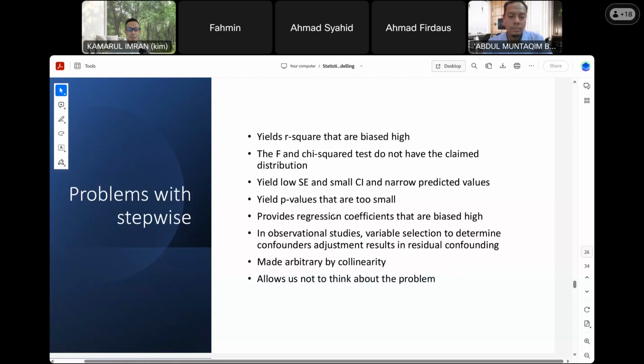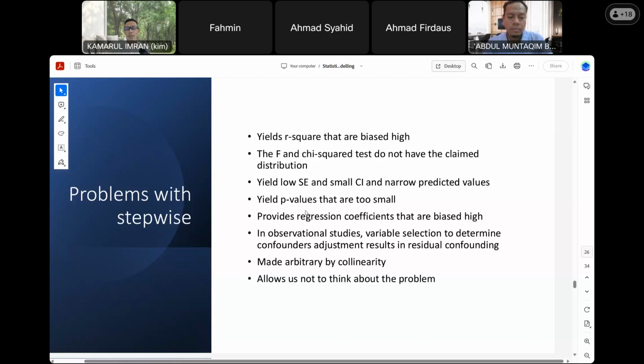This one, if you Google, you'll find this, alright? In fact, Frank Harrell and a few more statisticians discuss about this, and these are basically the findings they got from their discussion.